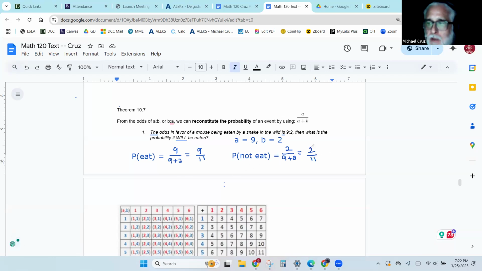And again, you can see the 2 and the 9 add up to give us the 11, as we should get with the complement rule. They should add up to get that denominator, because that way they add up to be 1. All right, any questions? We'll go over and look at a couple of Alex problems.